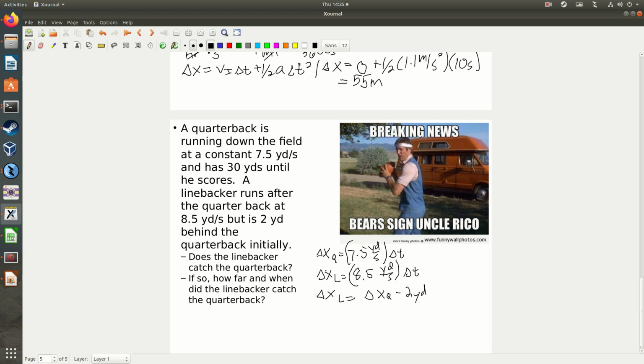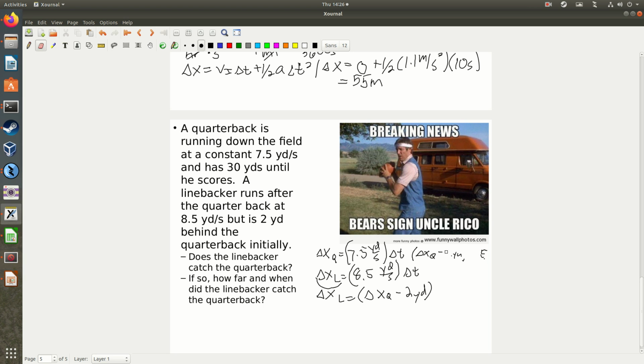Okay, so then I'll make that substitution. I'll take this whole expression and put it into this one, and I'll put it in parentheses and say, hey, I made a substitution. It's delta XQ minus 2 yards, and that's equal to 7.5, and I'm just going to put delta T because I'm just about out of room here.